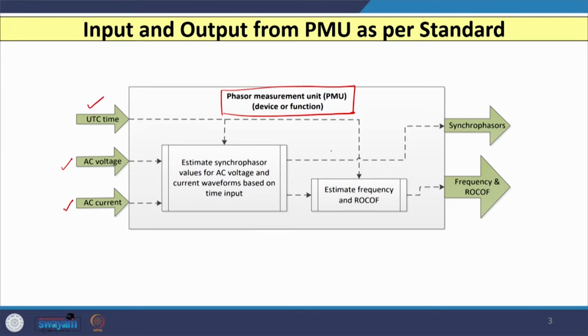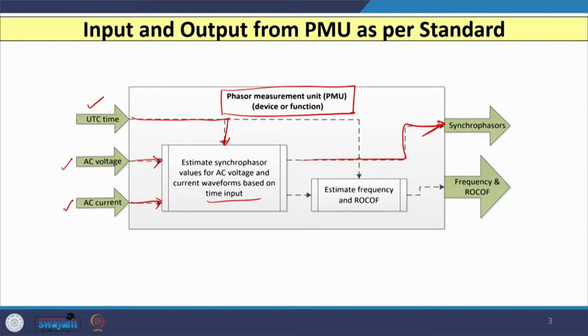So, with these three signals, the inside algorithm of the PMU, as we have discussed in the block diagram of a generic PMU, carries out phasor estimation of these voltage and current signals based on the time input. The time signal is also given for time stamping, and the output is given in terms of the phasor values, which is what we are interested in, and that is the output of the PMU.